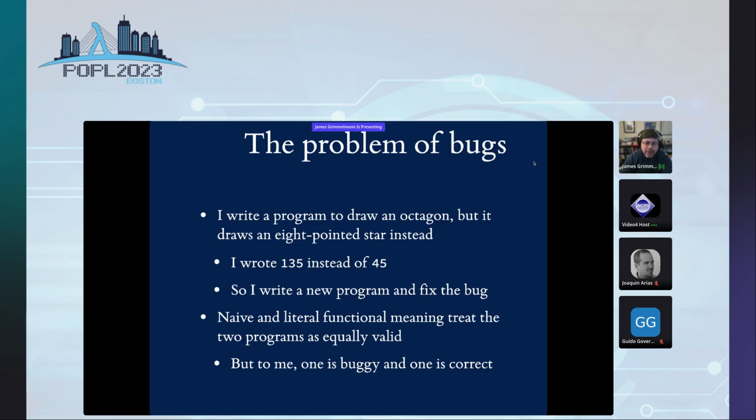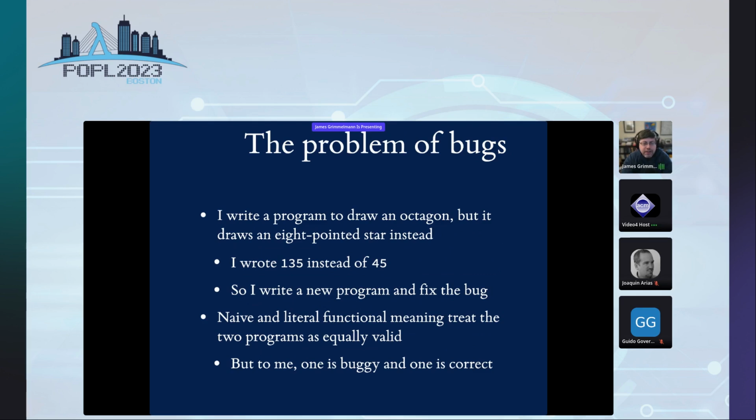From the point of view of naive and literal functional meaning, these two programs are different, but they're equally valid. Both of them are perfectly plausible programs. Both of them are programs that produce a certain result when run. There is no reason to prefer one of them to the other. But for me, the programmer, one of them was buggy and the other one is correct.